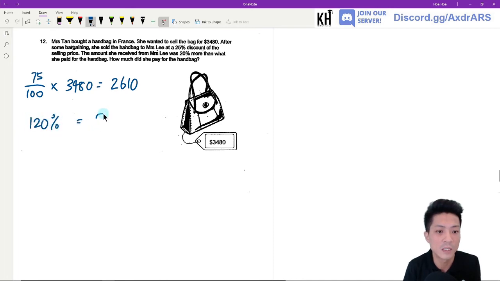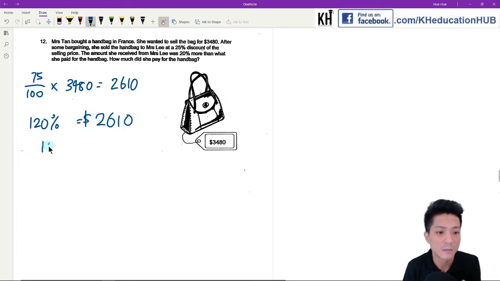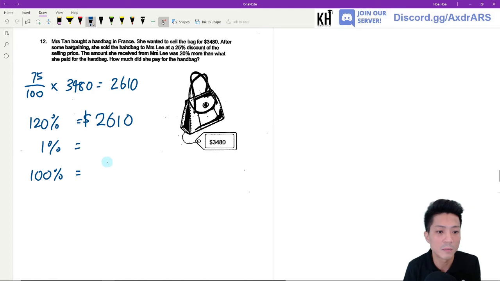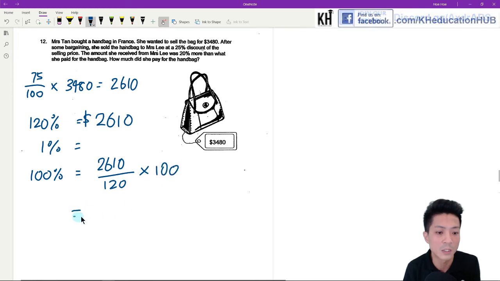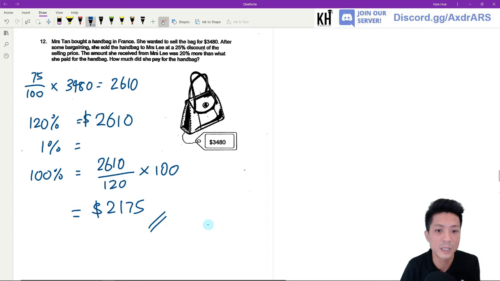Okay, 120% is $2,610. You can find what is 1%, after which you can find what is 100%. Okay, 100% will be 2610 over 120, then multiply by 100. Okay, which is $2,175. So this is what she paid for the handbag.